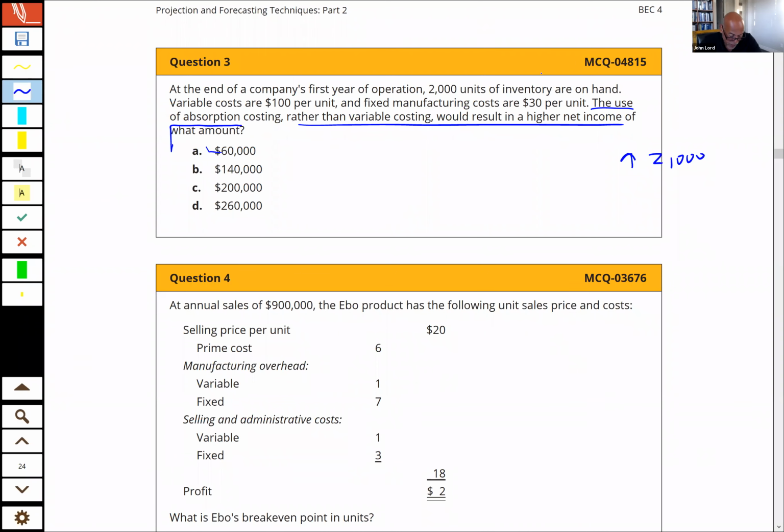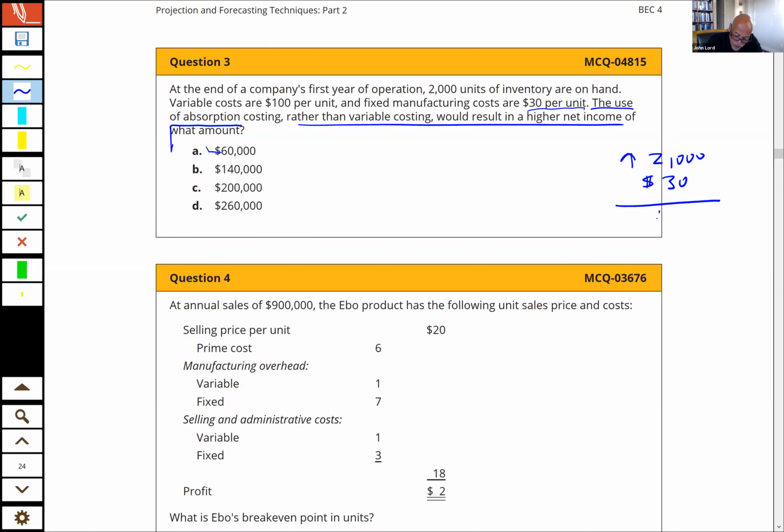So then I have to look, and they tell me that the fixed manufacturing costs are $30 per unit. Those fixed manufacturing costs are going to be treated as a period cost under variable, whereas under absorption, that'd still be sitting in my finished goods, wouldn't it? So I have to take that $30 per unit times the number of units that have increased.